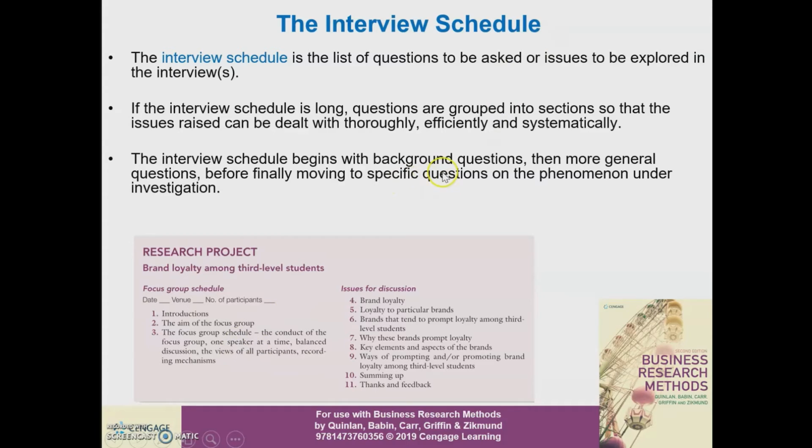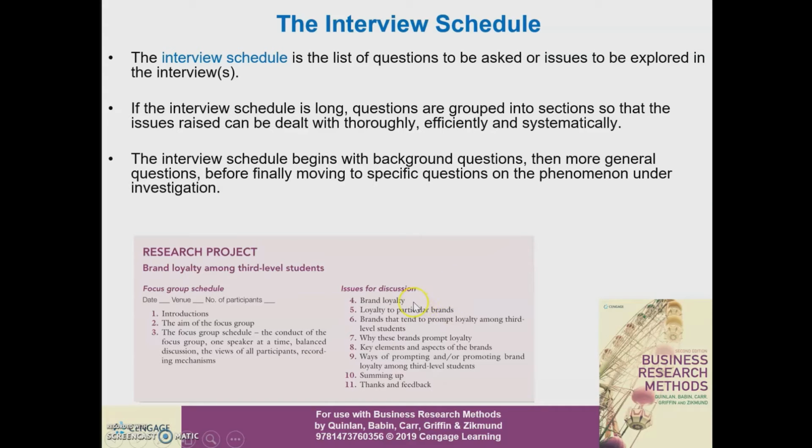So after you settle the background questions and set out the ground rules of the interview, the more general questions will follow, and then finally moving to specific questions on the phenomenon under investigation. In this case, on the right side, we have issues for discussion.